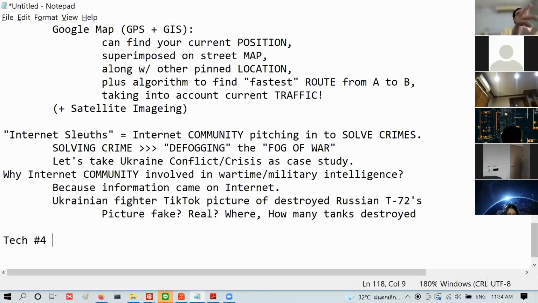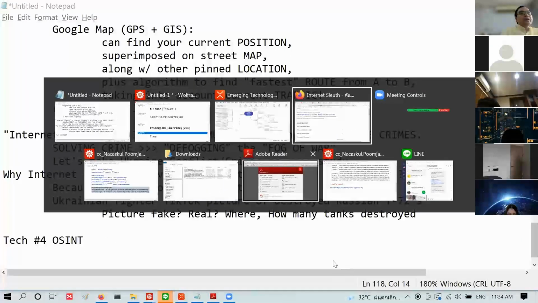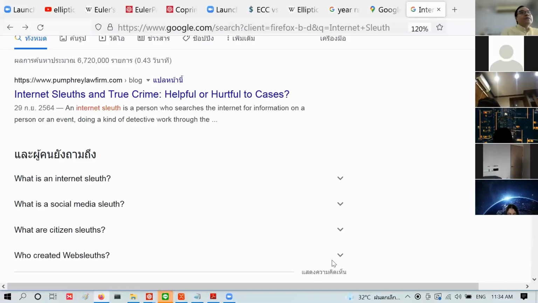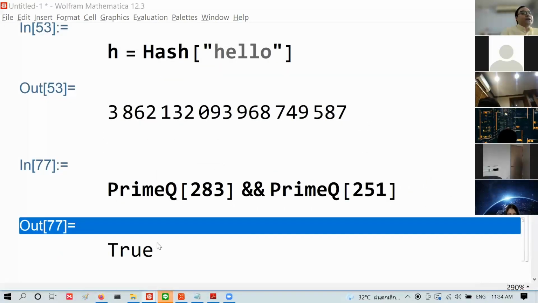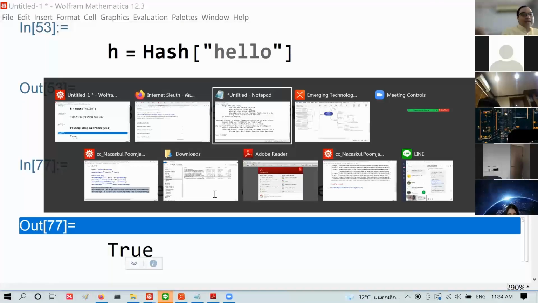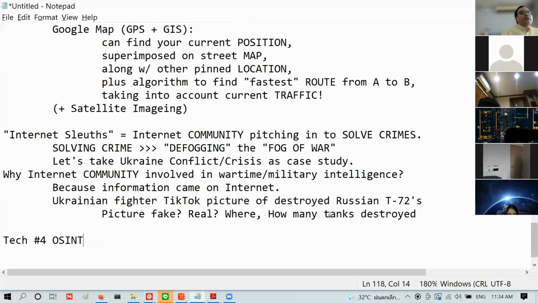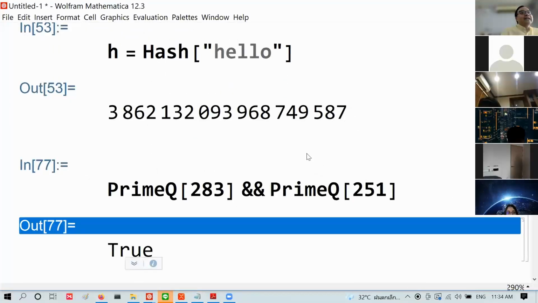So how about OSINT? What is OSINT? OSINT is a platform that most of you probably didn't know about. It's not just OSINT, there are plenty of other things. The theme today is online intelligence.